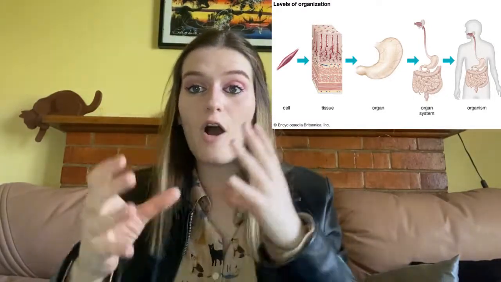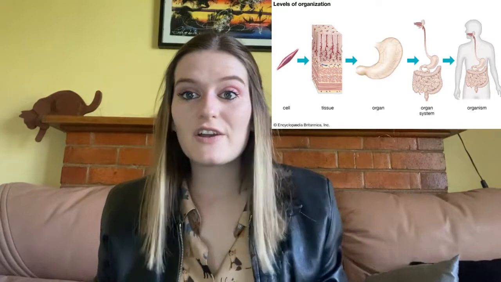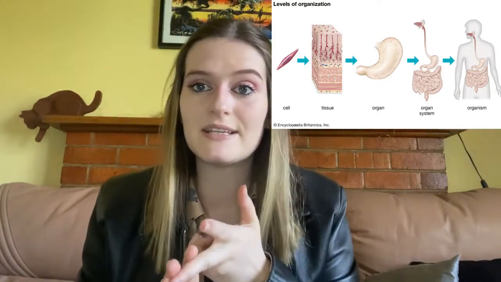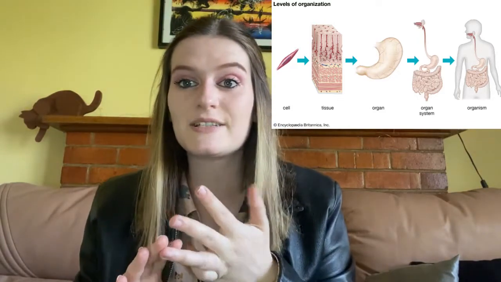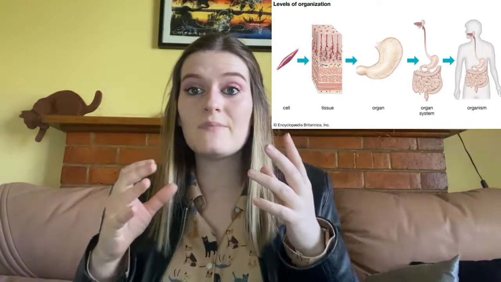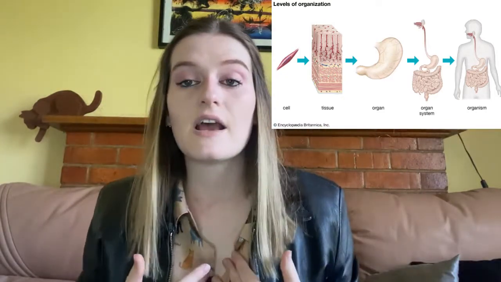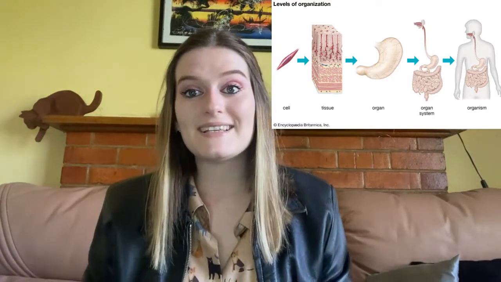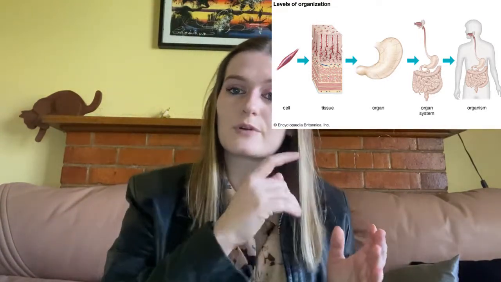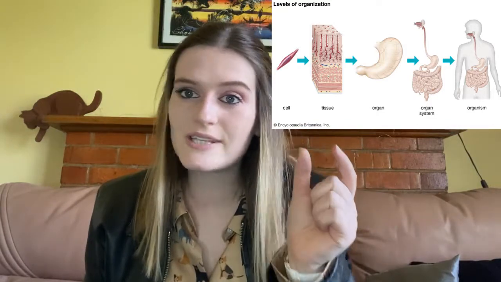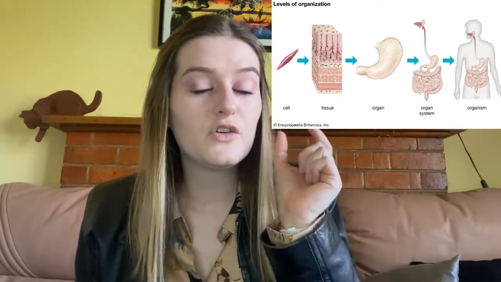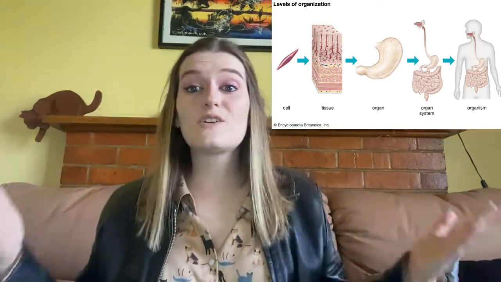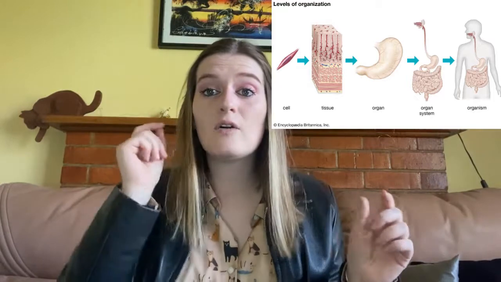So when all of our organ systems are grouped together, so when we have our circulatory system, our respiratory system, our skeletal system, when all of these systems group together, we get ourselves as an organism. So that's how our level of organization progresses. It progresses from just one single eukaryotic animal cell right up to us as an organism.